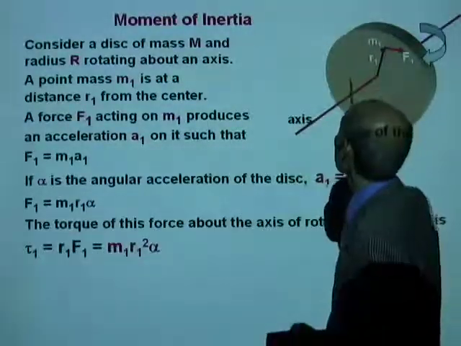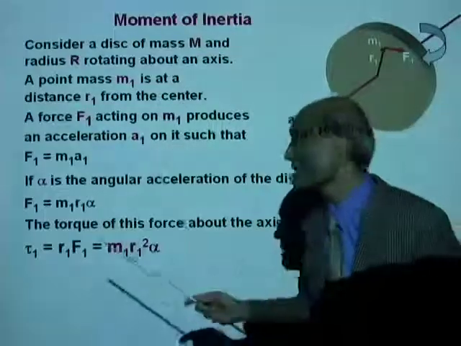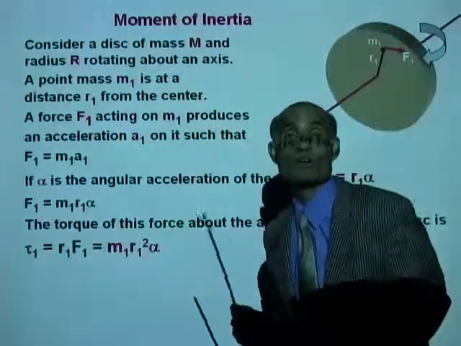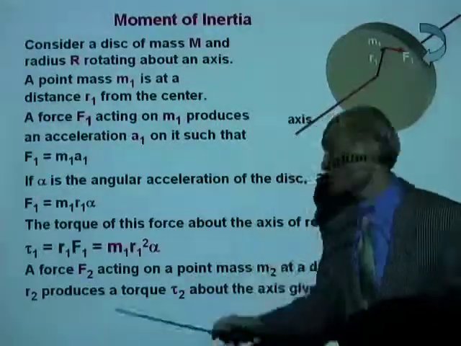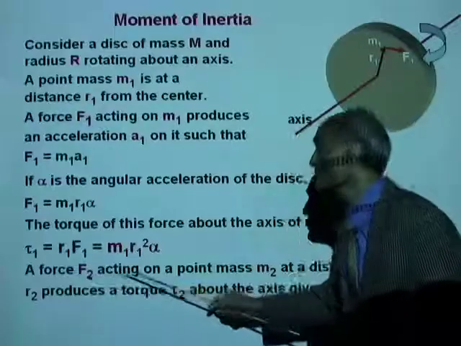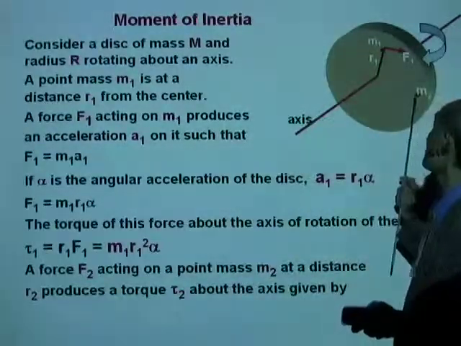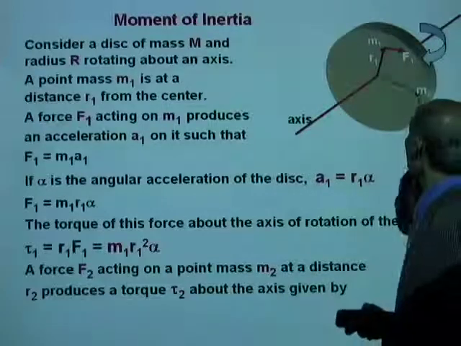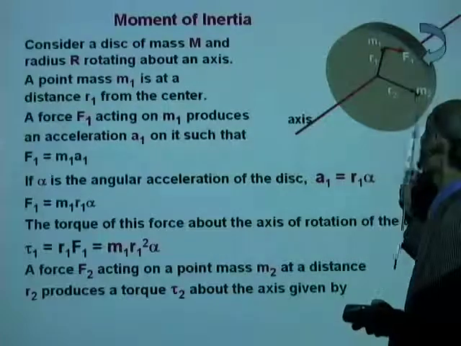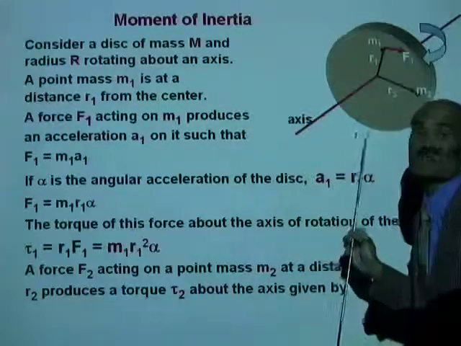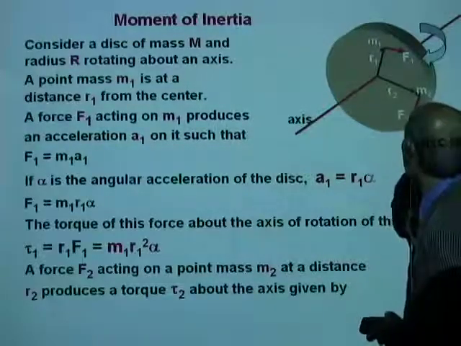That means if you now take any other particle on that rotating disk, there will be a similar torque on that particle. So let's consider now another particle, a force F2 acting on a point mass m2. This is a point mass m2, and now this m2 is at a distance r2 from the axis of rotation. A force F2 is acting on it.